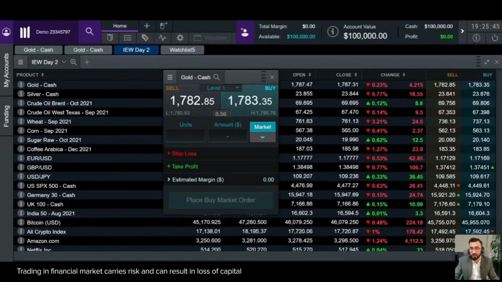How margin trading works. Let me first tell you what margin trading is. Margin trading is a method of trading assets using funds which are provided to you by the broker, in this case CMC Markets, which is your platform provider, right? Now, a regular trading account, as I said, how would you buy regularly?